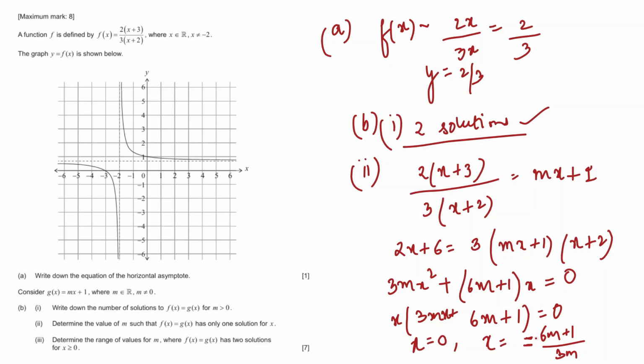So we have to determine the value of m such that f(x) equals g(x) has only one solution. For only one solution, both roots must be the same, right? We have one root as x equals 0 and the other root as minus of (6m plus 1) over 3m.